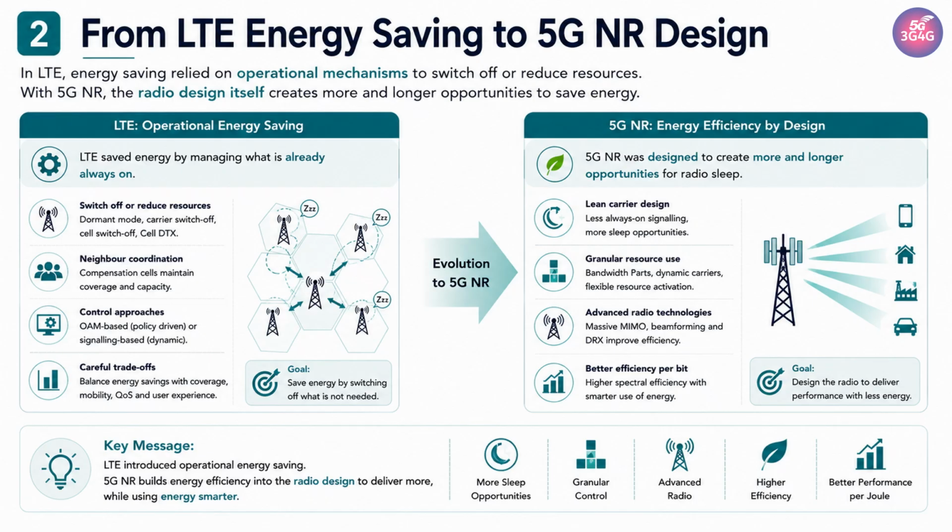So the move from LTE to 5G NR is not just a move from 4G to 5G capacity, it is also a move from operational energy saving towards energy efficiency being built more deeply into the radio design. The key message is this: LTE introduced practical energy saving mechanisms. 5G NR gives us a more flexible foundation for doing this more intelligently.